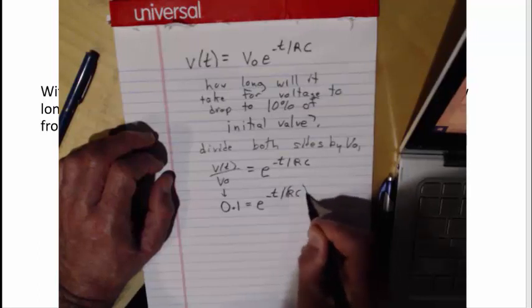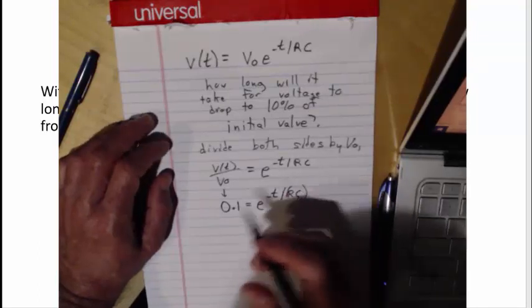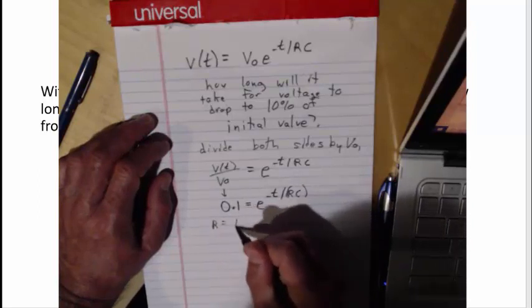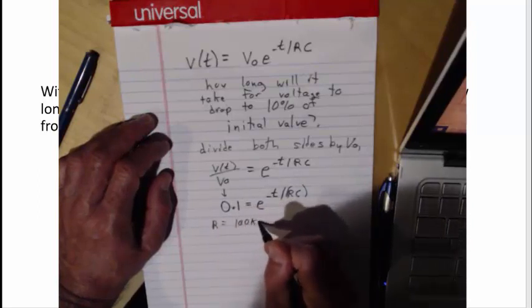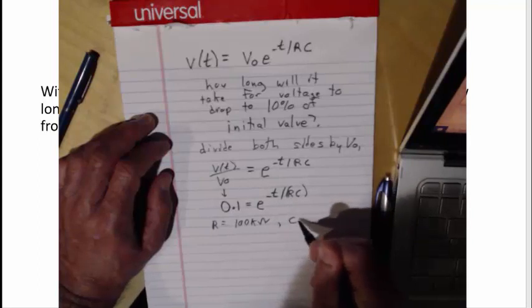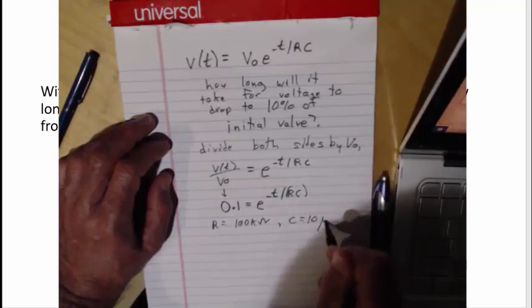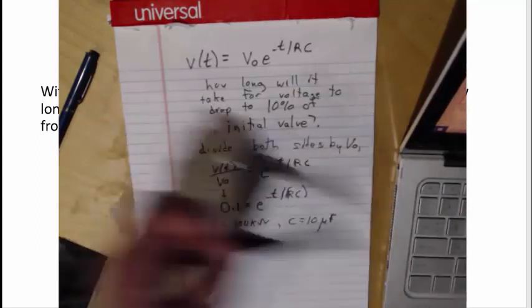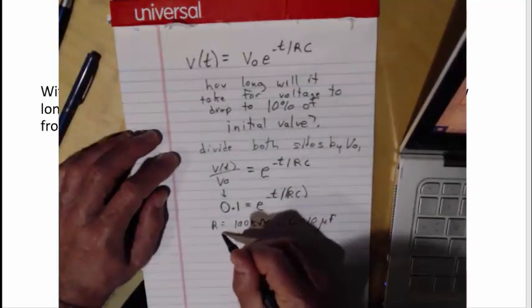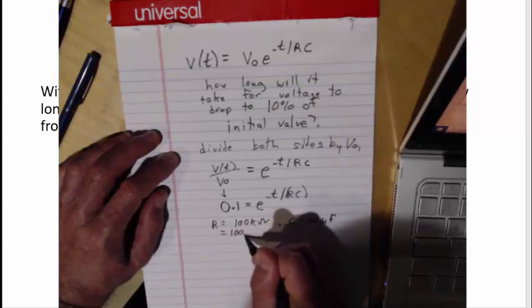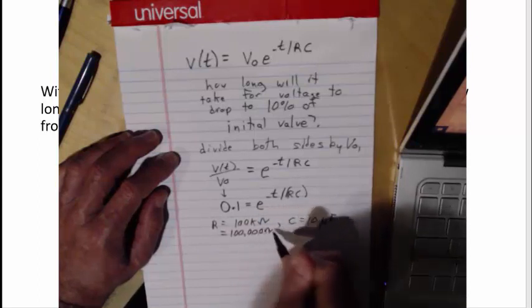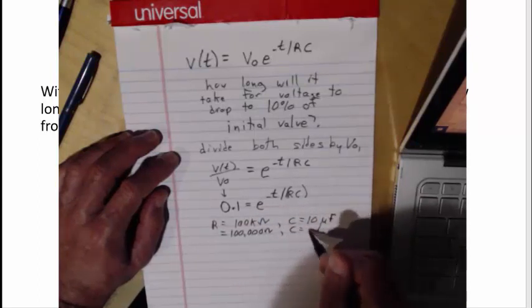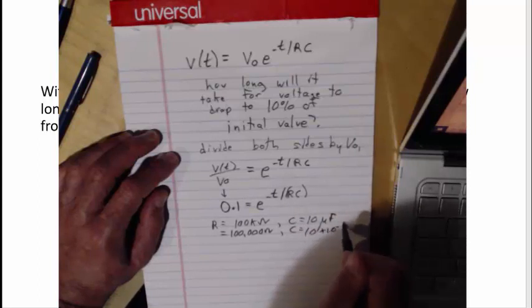Okay, now R times C in this problem, R is 100 kilo ohms, and C is 10 microfarads. I'm going to rewrite that in ohms and farads. So 100 kilo ohms is 100,000 ohms, and C is 10 times 10 to the minus 6 farads.